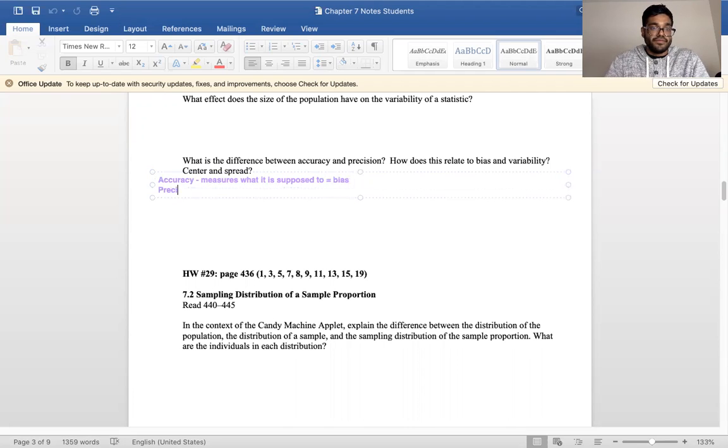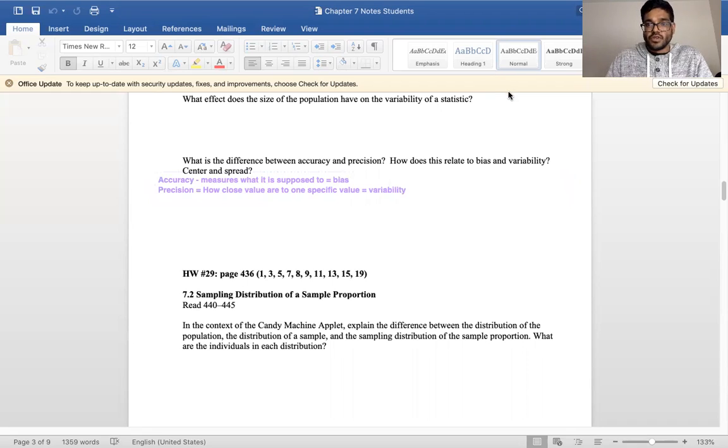You have precision, which is how close values are to one specific value. So think of this as variability. Okay.